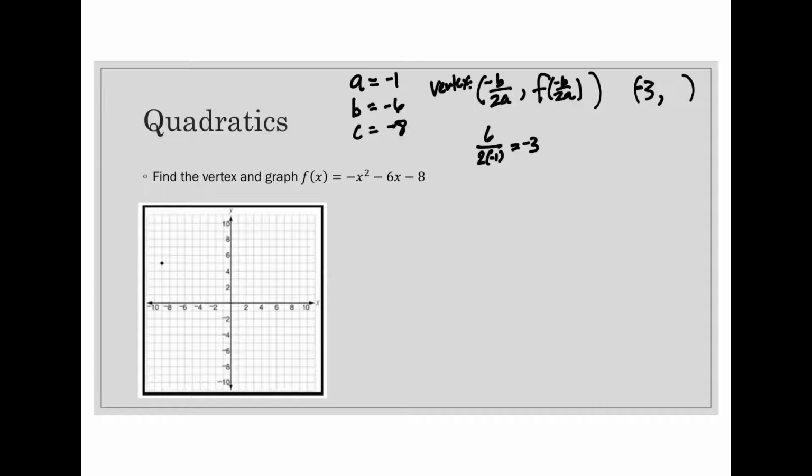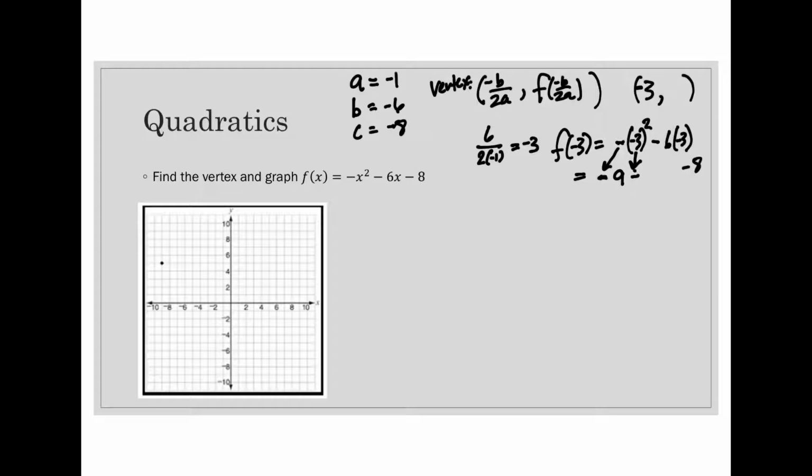And now let's find the f of negative 3, so we can find the y value of the vertex. So that is the negative of negative 3 squared, minus 6 times negative 3, and then minus 8. So working this out, negative 3 squared is positive 9, but then there's that negative outside, so we have to keep that negative.